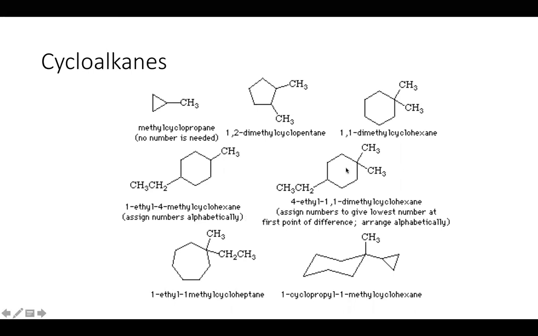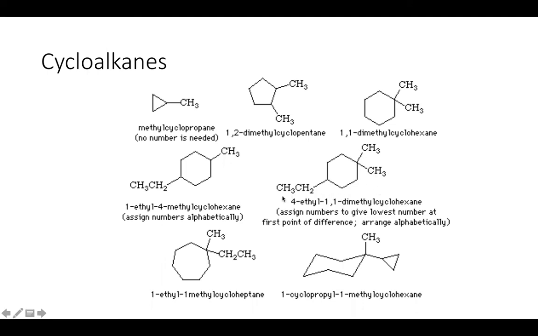So for this one, we have, again, a 6-membered ring, all single bonds. So our root name is cyclohexane. Here, again, we have an ethyl group, but this time we have 2 methyl groups substituted here. And so they are going to get a higher priority than this 1 substituent since it has 2 substituents.